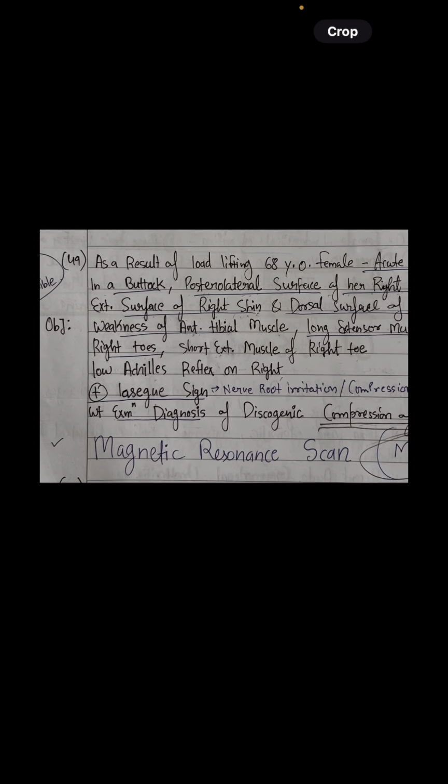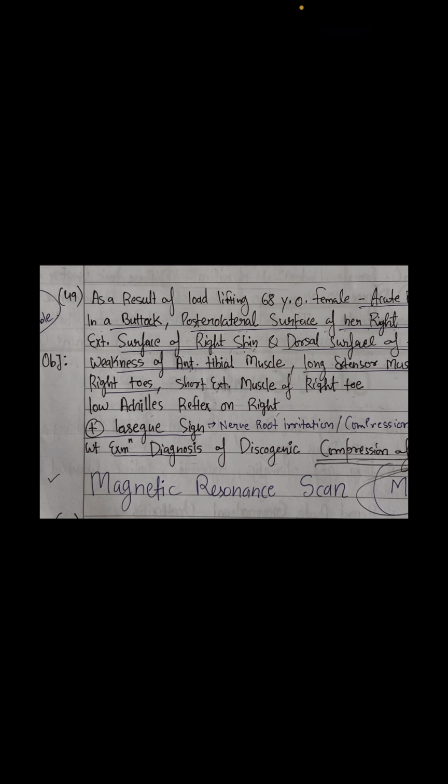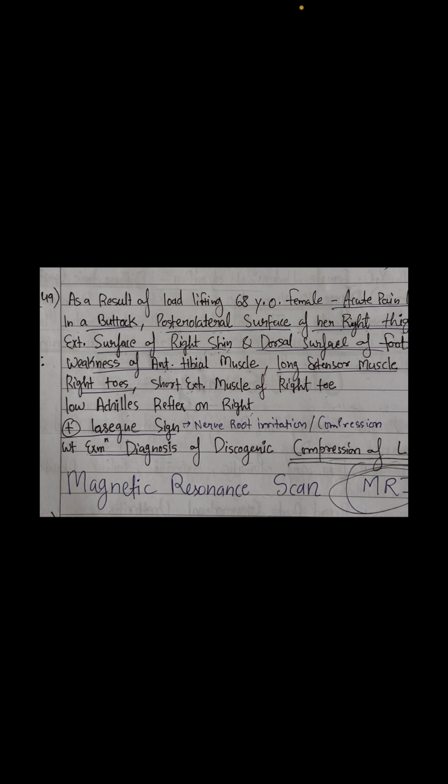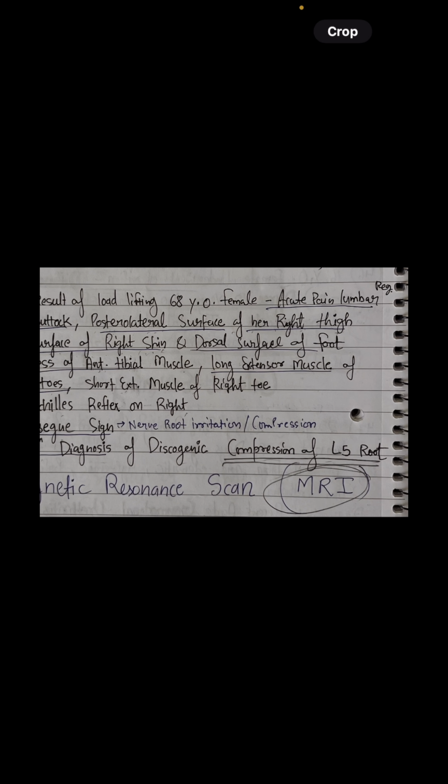Okay, now the question makes sense. What examination diagnoses compression of the L5 root? We want to see compression of the L5 root in the lumbar area. We cannot see nerve compression with an X-ray, right? We need to go with an MRI for that.